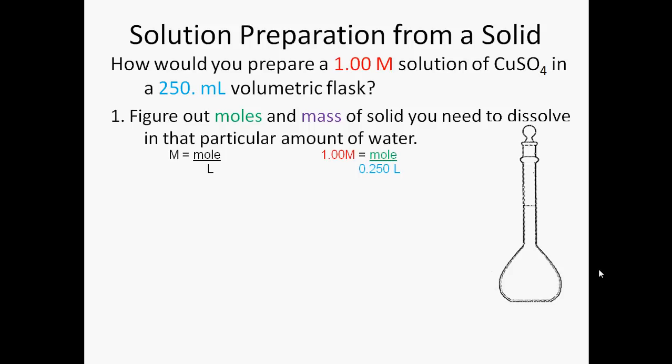Now in order to figure out the number of moles of solute, we just need to multiply both sides of the equation by 0.250 liters. When we do that, we determine that in order to get 250 milliliters of a 1 molar solution, we're going to need 0.250 moles of our solute, our copper 2 sulfate.